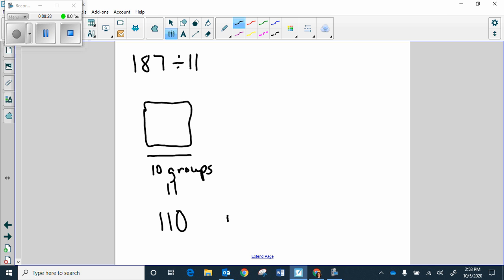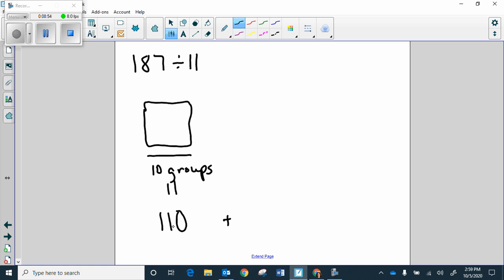I know that 110 is not enough modeling because my dividend is 187. So I'll count up from 110. 120, 130 is another 10, 140 is another 10, 150, 160, 170, 180.